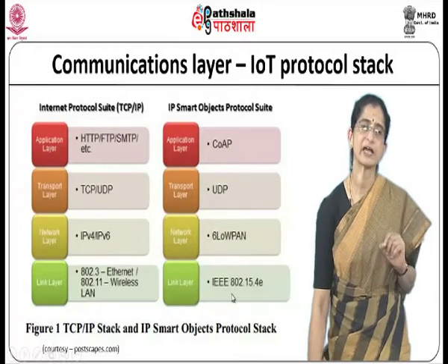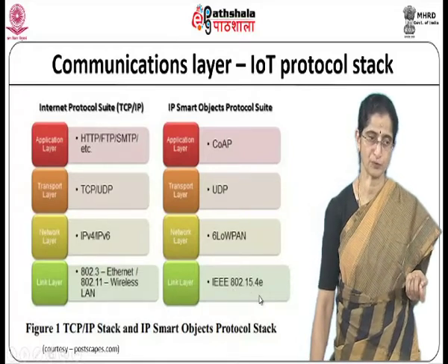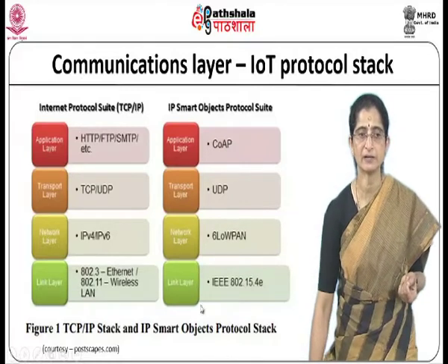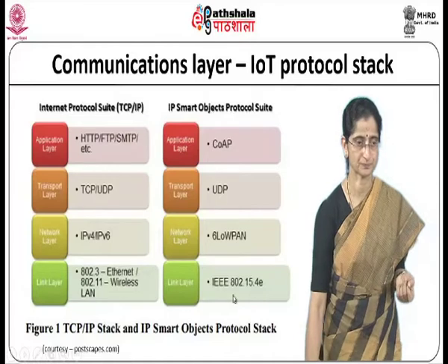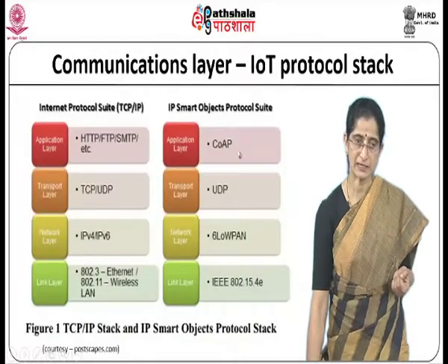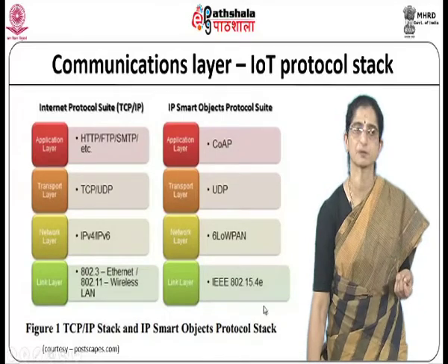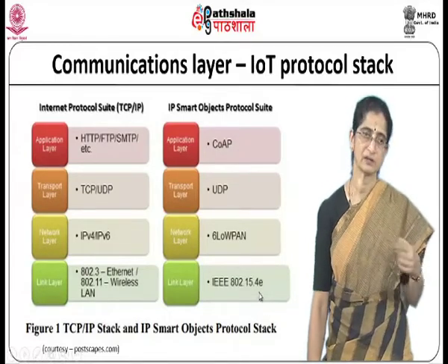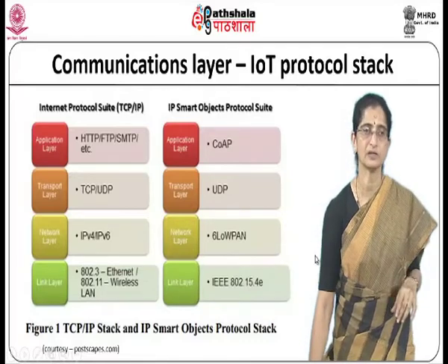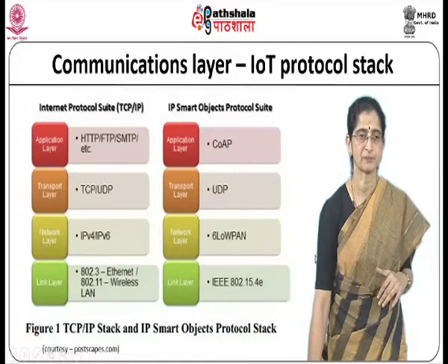At the link layer, the recommended protocol is 802.15.4e, rather than 802.3 or 802.11. This is the recommended protocol stack for IoT. There are a lot of interesting things being done in each of these protocols, which will be good for you to check out. So that is about the IoT protocols as such.